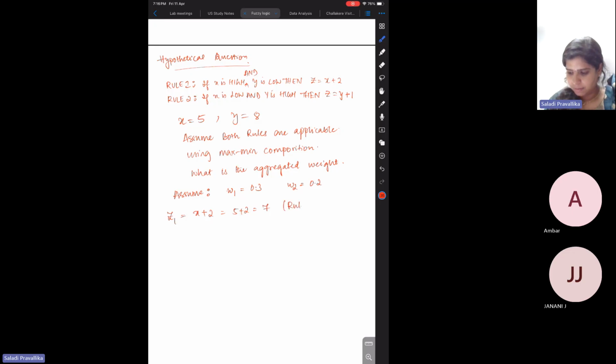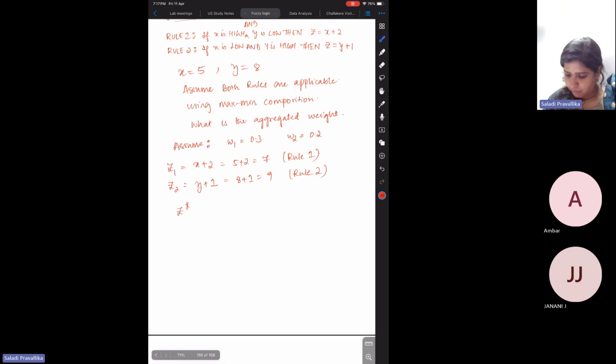So z1 is from rule 1. And then z2 is equal to y plus 1, which is equal to 8 plus 1, which is equal to 9. Right? This is rule 2.